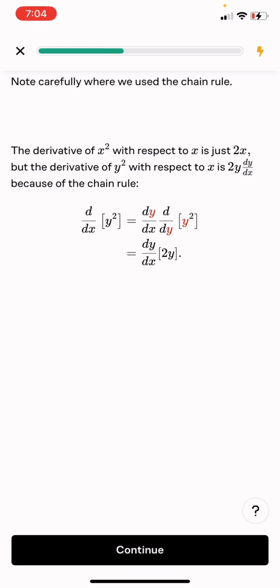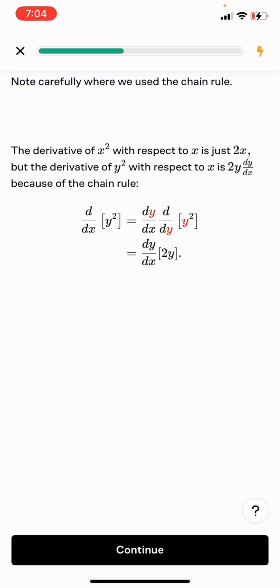The derivative of x squared with respect to x is just 2x. But the derivative of y squared with respect to x is 2y times derivative of y over derivative of x, because of the chain rule.